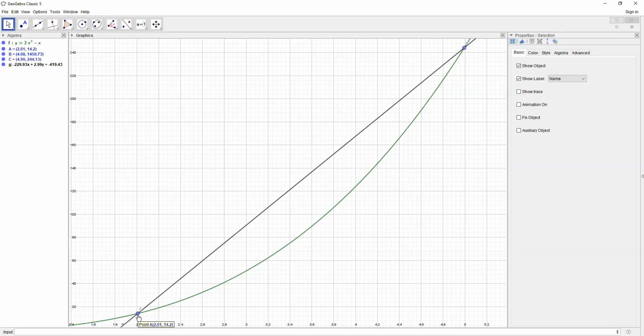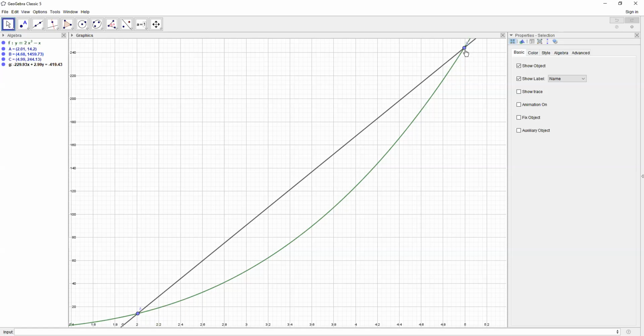Okay, so the 2 points that we're looking at. Between x equals 2, back here, actually at 2.01, 14.2, but real close to the point on the curve for x equals 2.